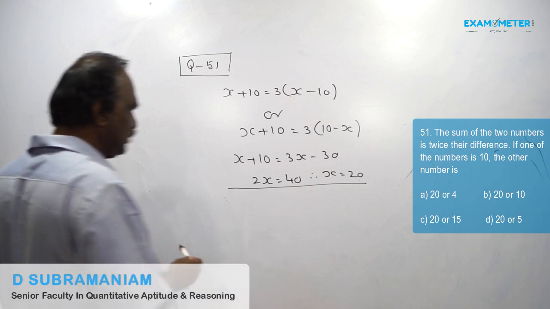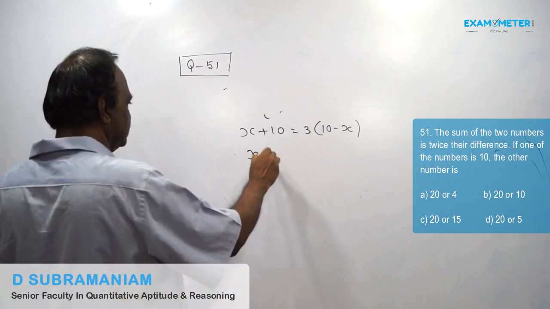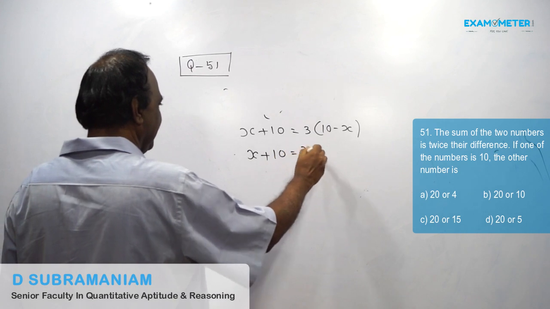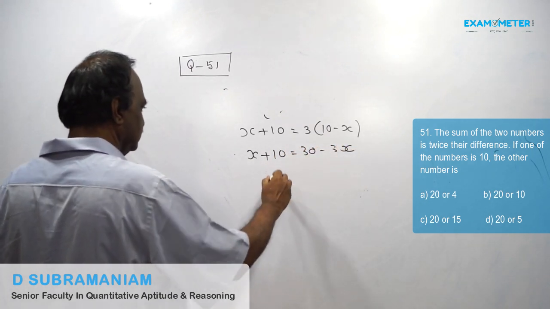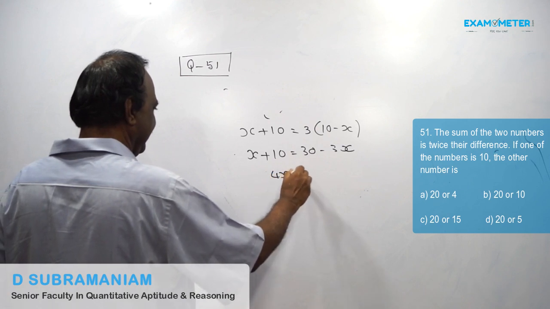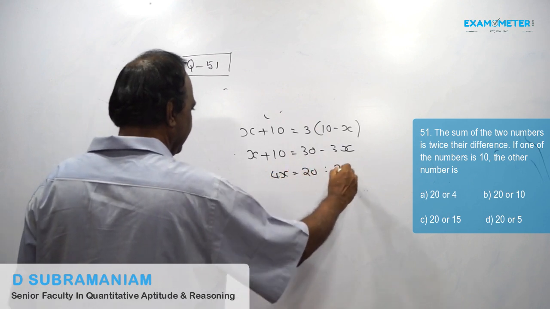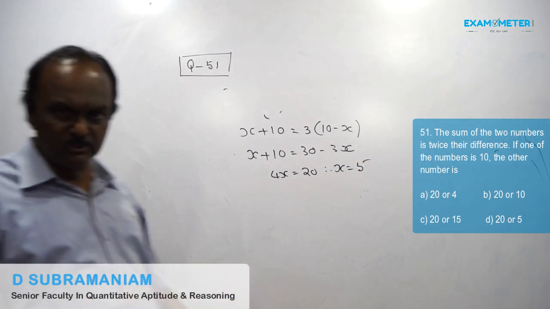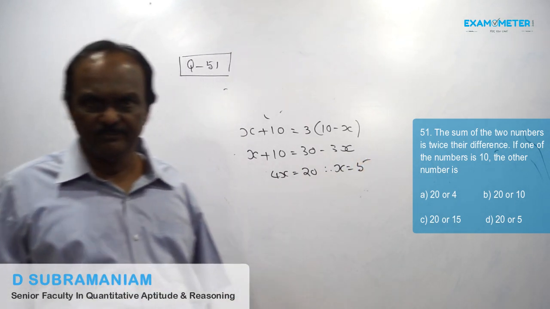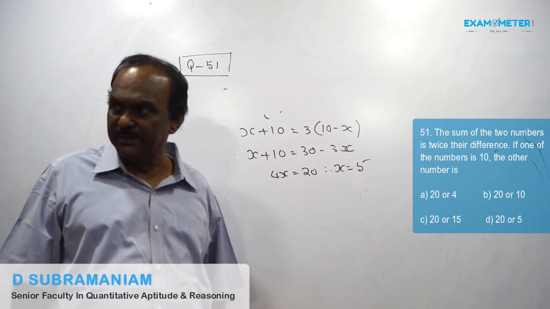X is equal to 20. X can be either 20 or 5.